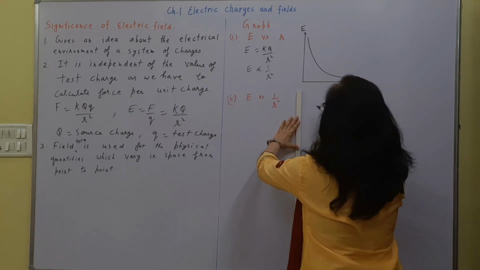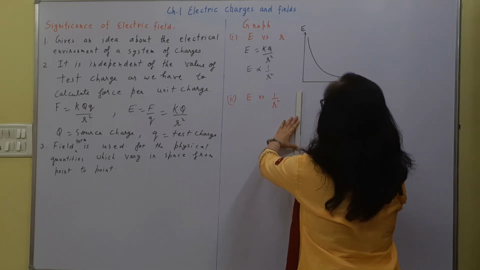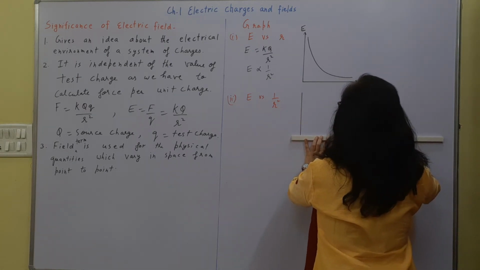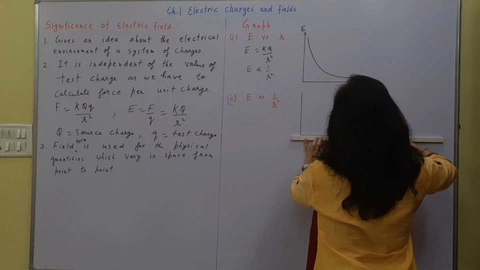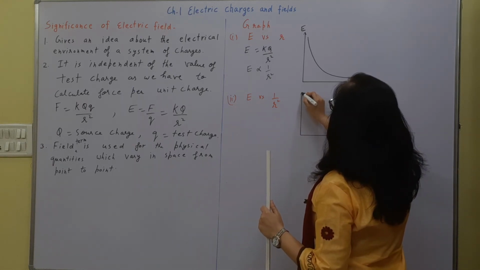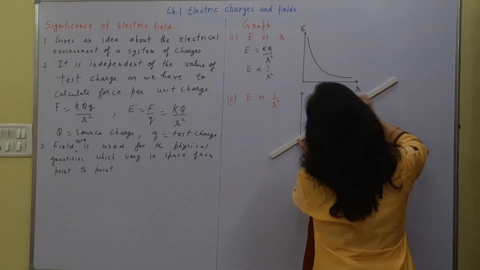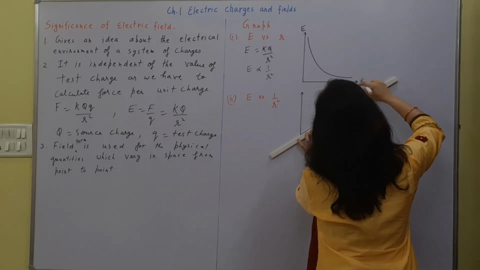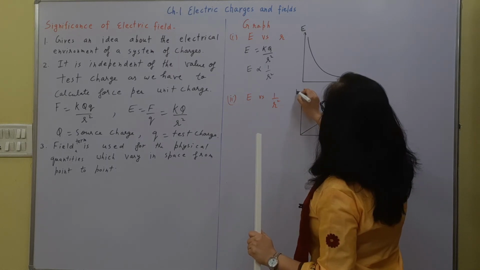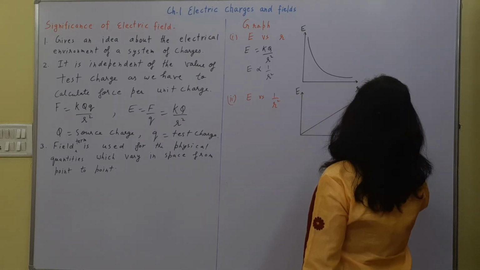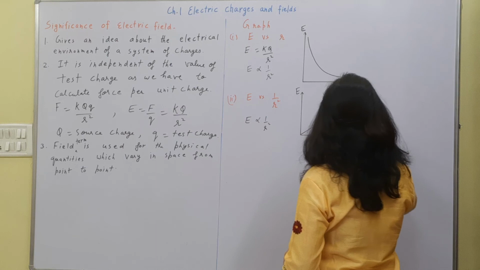And it is directly proportional to 1 upon r square. So if I plot a graph between electric field and 1 upon r square, this will be a line like this. This is your electric field and this is 1 upon r square.